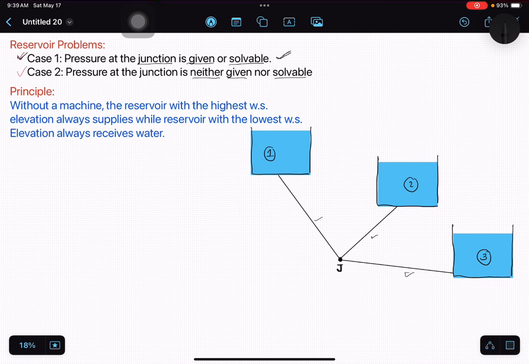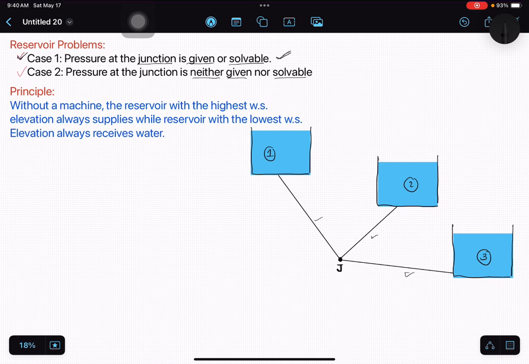Okay, so meron tayong principle for reservoir problems. Kapag wala tayong machine, the reservoir with the highest water surface elevation always supplies, while the reservoir with the lowest water surface elevation always receives water. So, for example, obviously in our figure, yung reservoir natin with the highest elevation is yung reservoir 1, right?